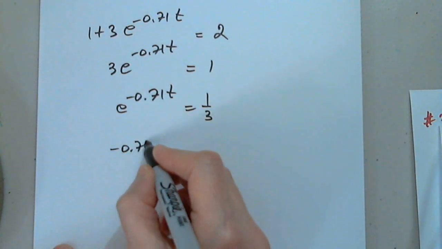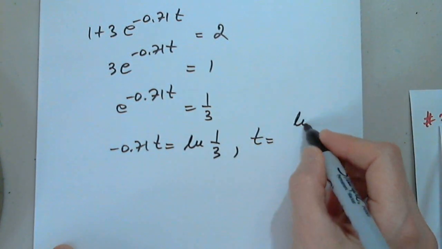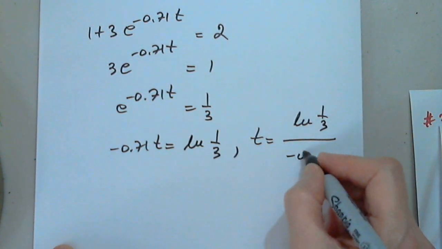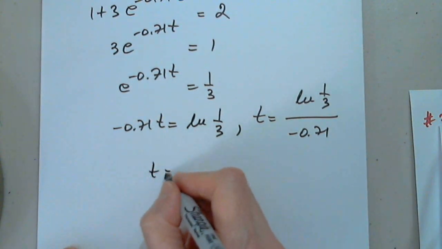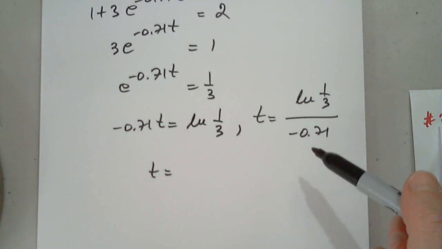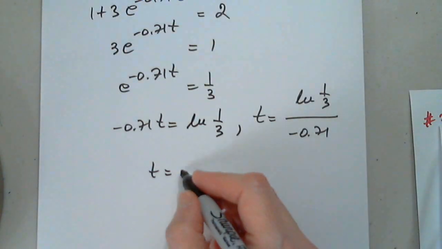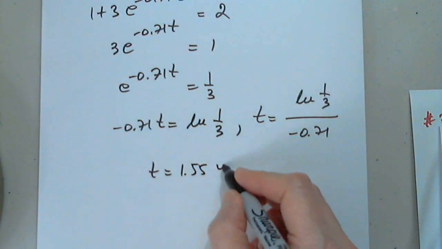So negative 0.71 t equals natural log of 1/3, or t equals natural log of 1/3 divided by negative 0.71. So t, when we divide all this, I got natural log 3 divided by 0.71, which is 1.55 years.